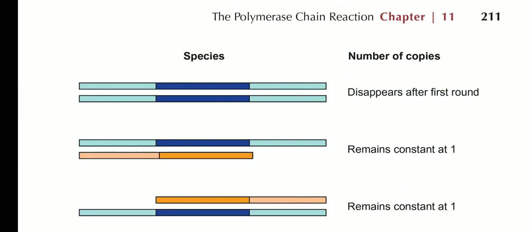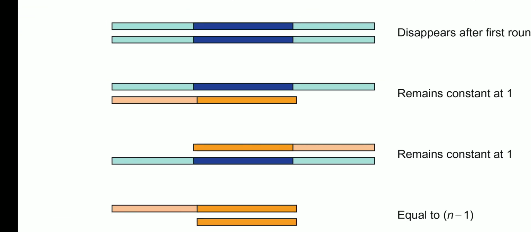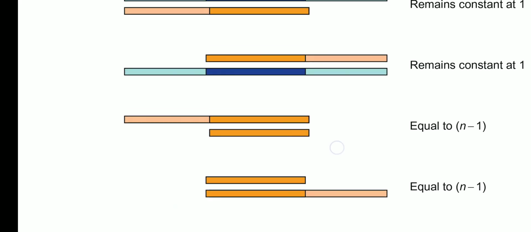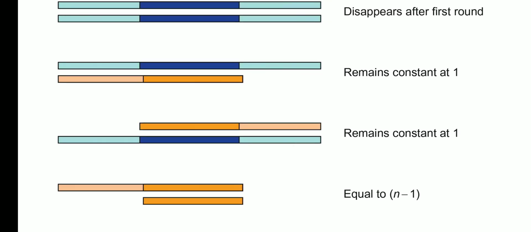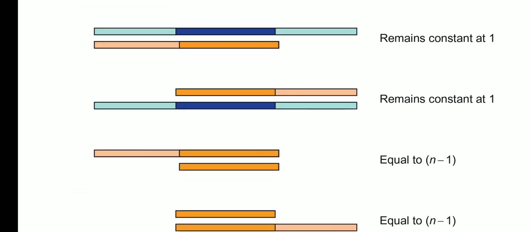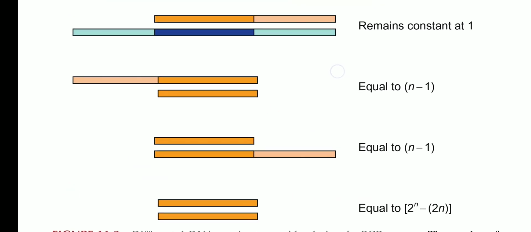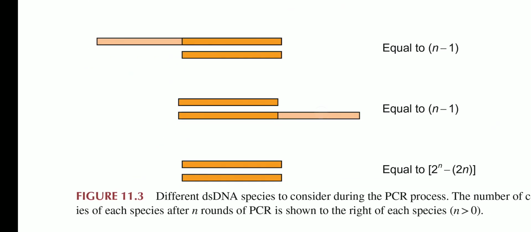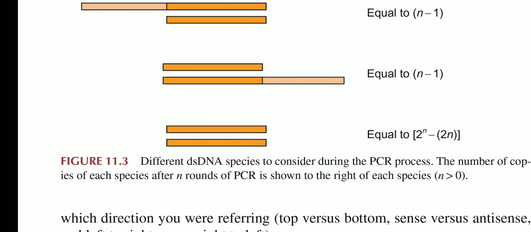Yes, this is going to disappear, not included. So here 1, 2, 3, 4, these four are extraneous DNA, and after completing the cycles we will have only one of this kind of extraneous and one of this extraneous, all total two of this kind of extraneous DNA, and 2n minus 2 number of this kind of extraneous DNA, and 2 to the power n minus 2n number of desired DNA.